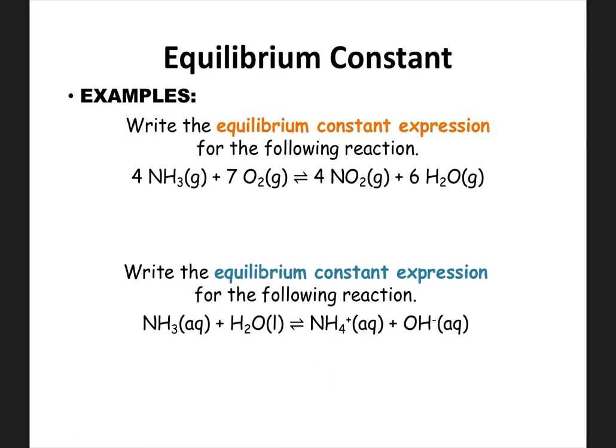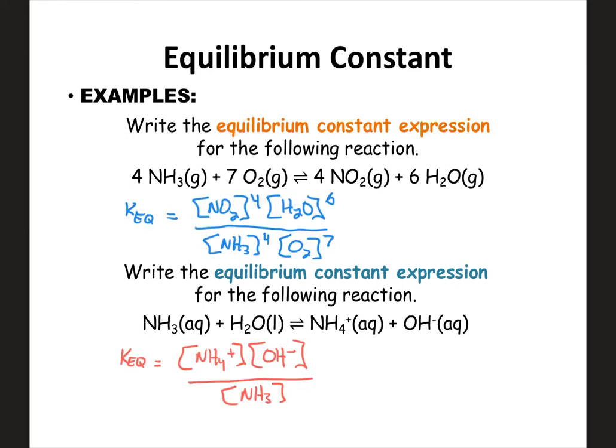Let's try two more here to make sure you're getting the hang of this. I would say pause the video, do both of these, make sure you can get these on your own, and then when you rejoin the video, I'll have them completely solved, shown for you so that you can see how you did. So pause the video right now and try both of these. Okay, so these are the answers for both of these. You can see I just did it generic as a KEQ for both, and I used concentration symbols, but it's products over reactants for each.